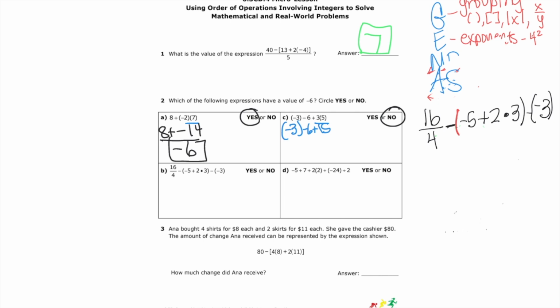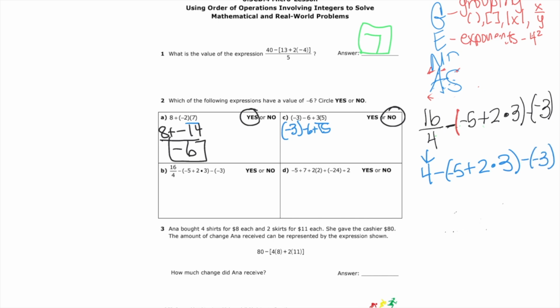When you have more than one grouping, you're going to go from left to right. So we start here at 16 divided by 4. 16 divided by 4 is 4 minus negative 5 plus 2 times 3 minus a negative 3.